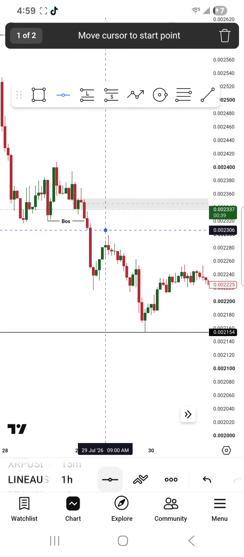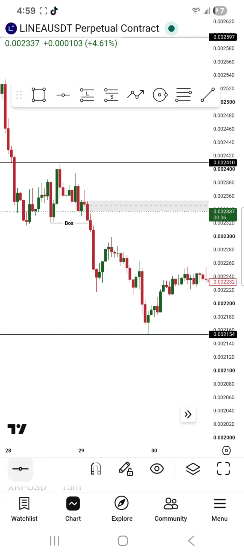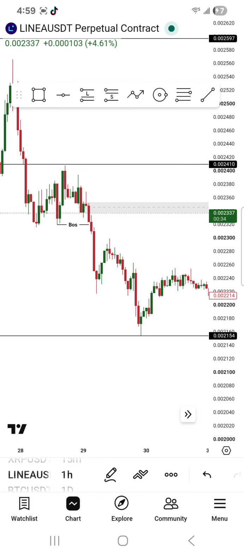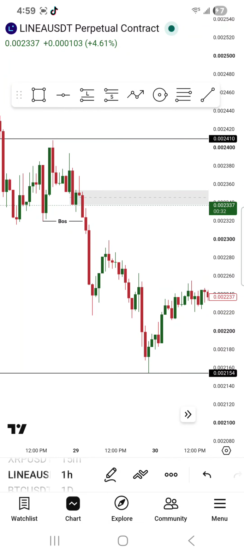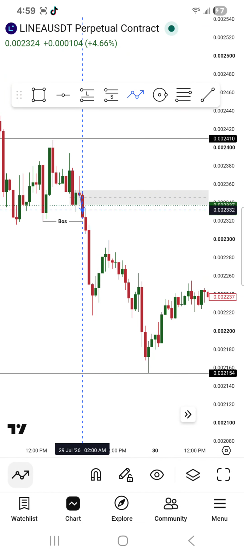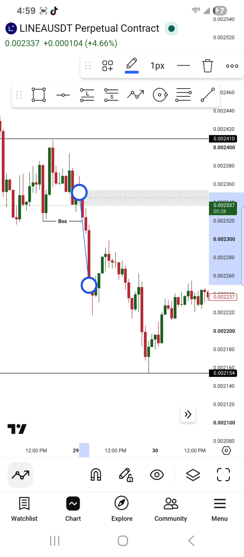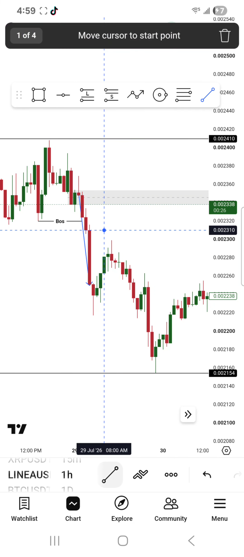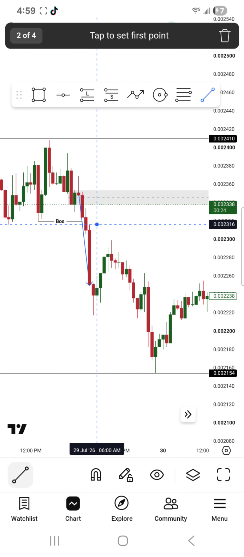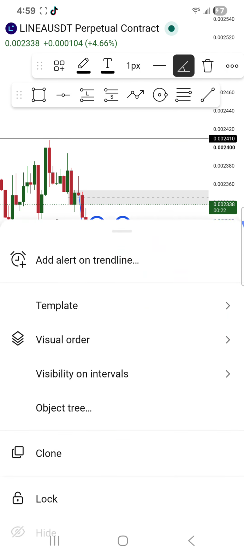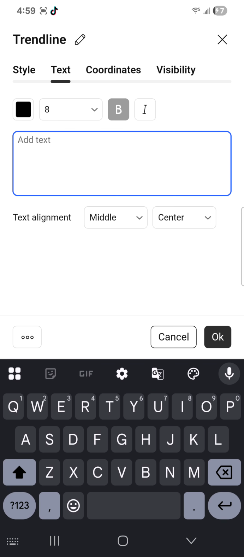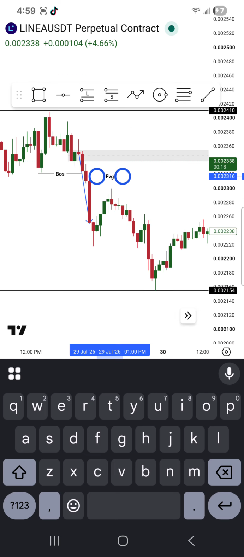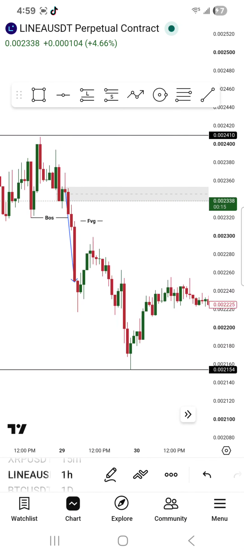We have the entire low around this area, and then we have displacement. This is a good displacement, and then we also have a fair value gap, an FVG.